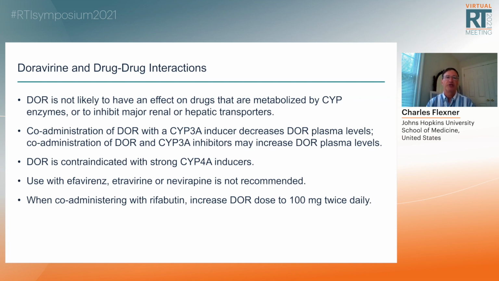In addition, its use with efavirenz, etravirine, or nevirapine is not recommended because those drugs are cytochrome P450 inducers. And when co-administering with rifabutin, the recommendation is to increase the doravirine dose to 100 milligrams twice daily.